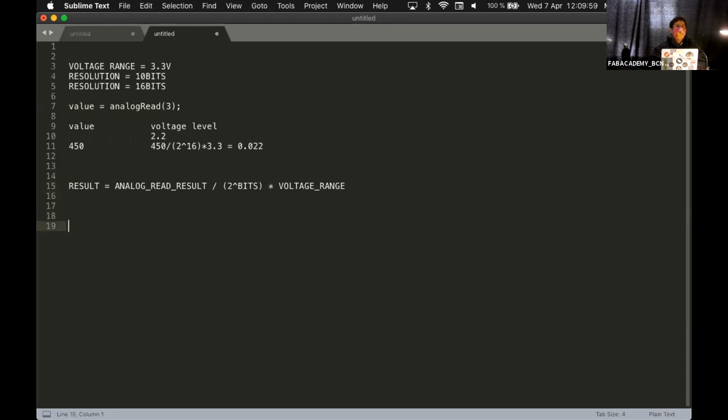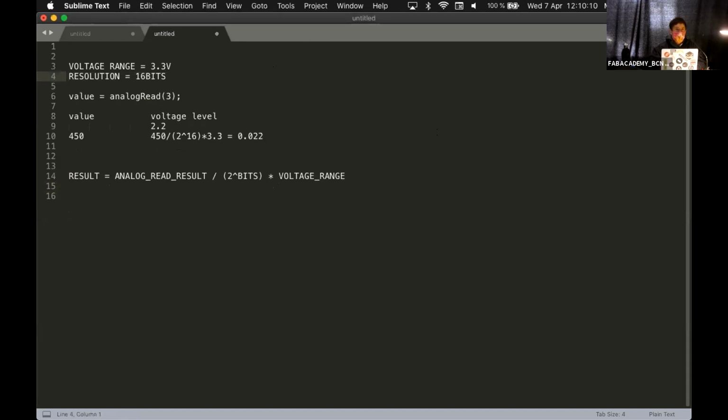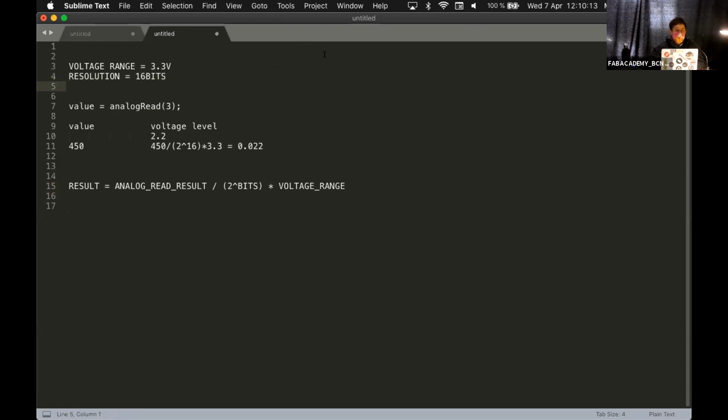Do you feel okay if I ask you to do another one, a little bit more complicated? What happens if this is a 3.3 microcontroller, an ESP32, and I have the voltage divider from before?